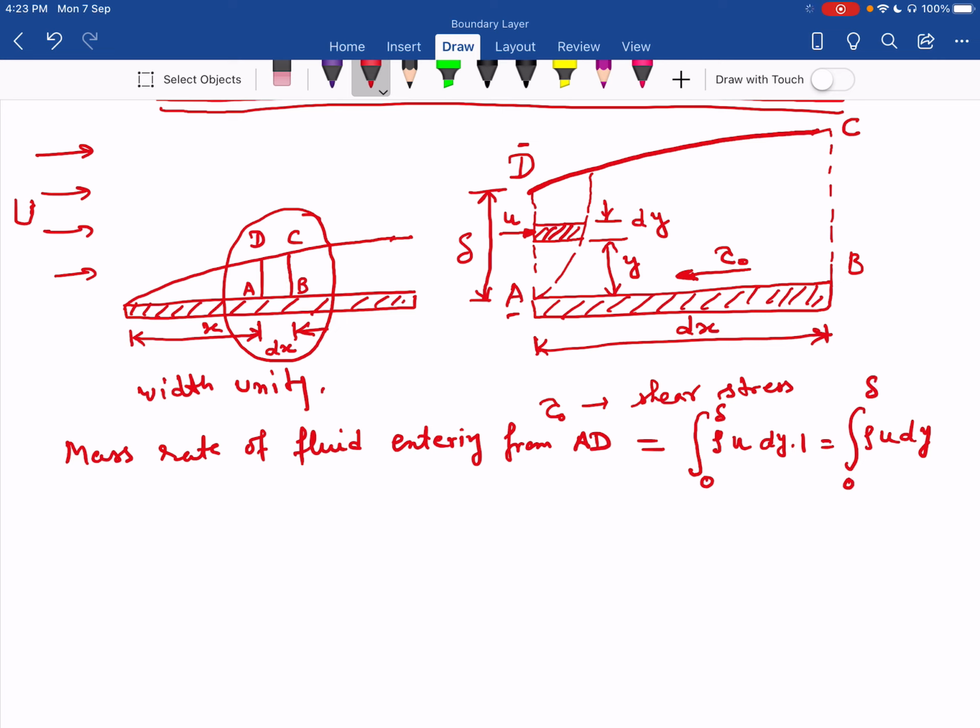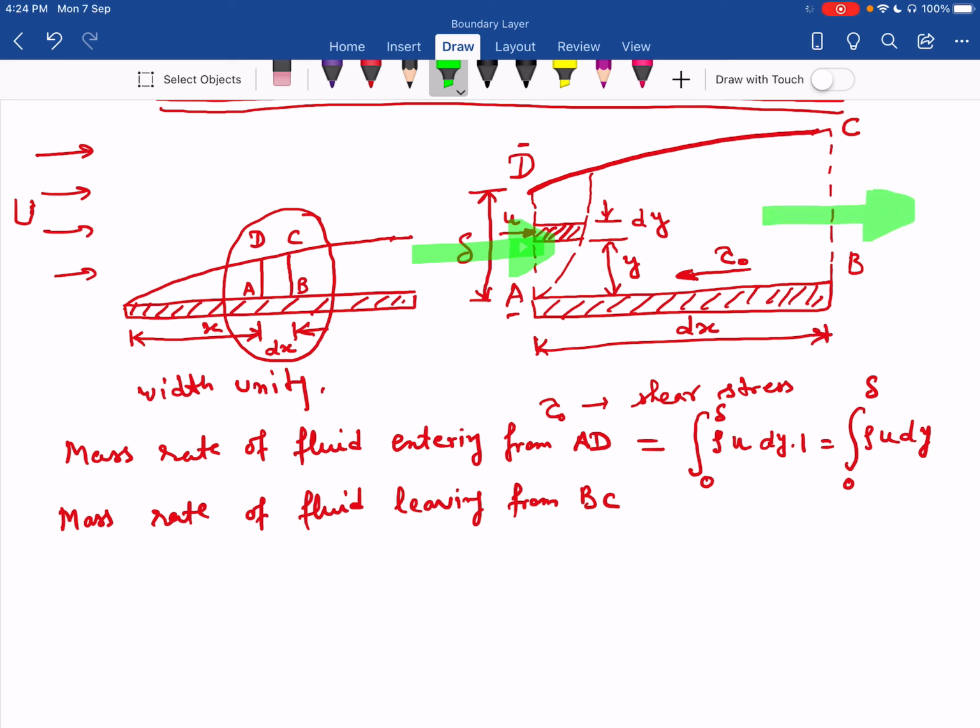Okay, so this is the mass rate of fluid entering through AD. Similarly, you can find out the mass rate of fluid leaving from BC. So the entry is from here and fluid is leaving from this side.